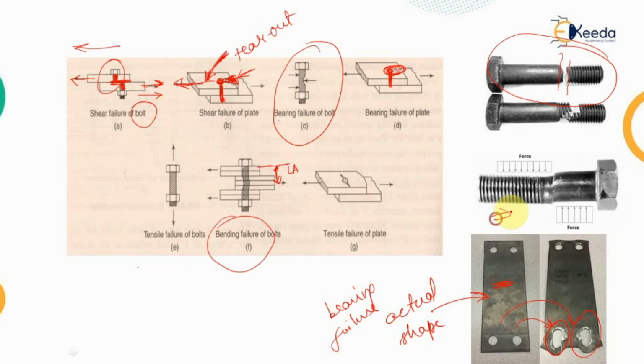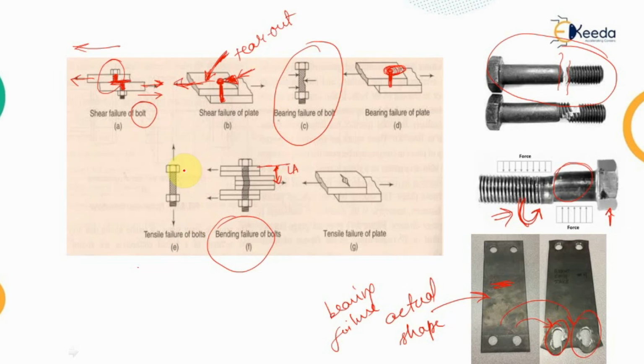As you can see from this picture, the bottom portion is subjected to force in this direction, while the upper portion, that is the shank portion of the bolt, is subjected to force in this direction. Because of that there is moment action, and the bending of the bolt takes place. That type of failure is known as the bending failure or the moment failure of the bolt.